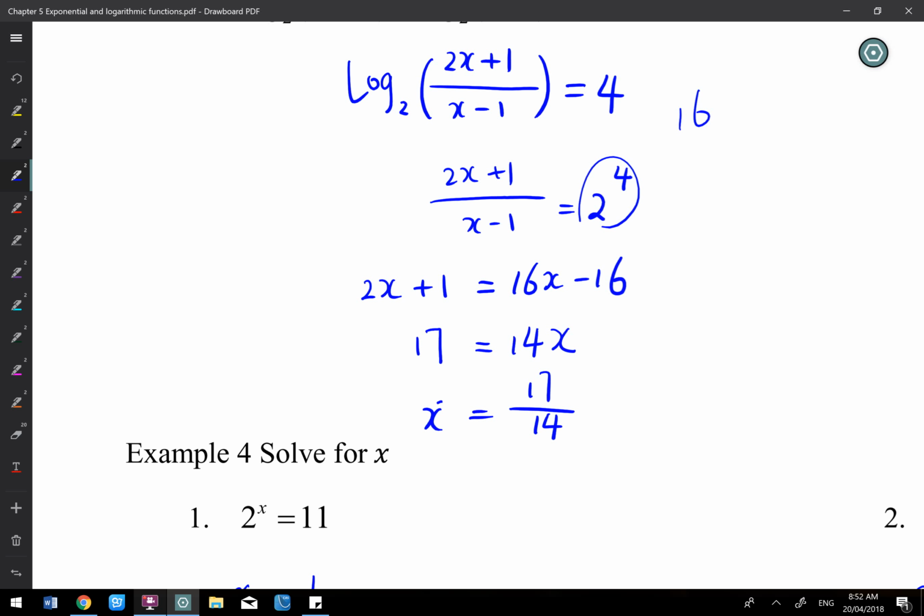We need to check the answer every time when you solve for a log function. That's important. In a VCE exam, Part 1, I can't remember which year, there's a question asking you to solve for log, and you need to check the answer to reject some values. So it actually happened in the exam.